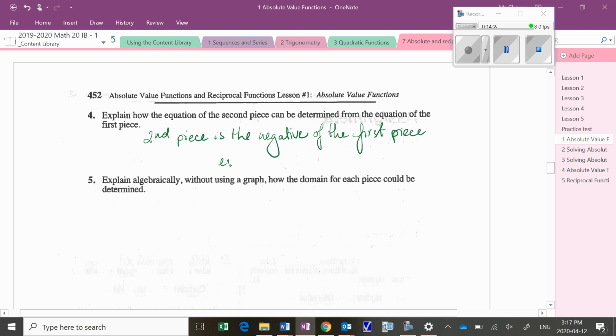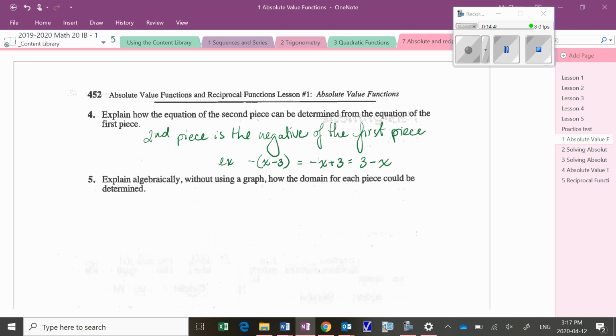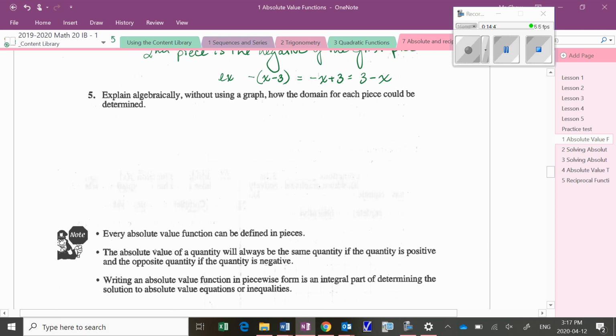So for example, -1 times x minus 3, or you could also write -x plus 3. You could also write 3 minus x. They're all going to be the same thing, and any of those three expressions could be written as the second piece.